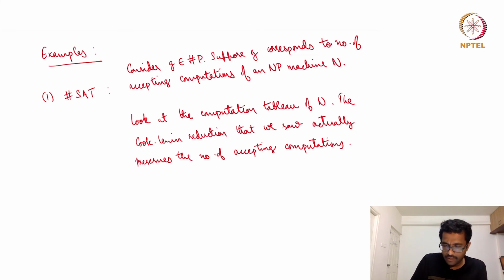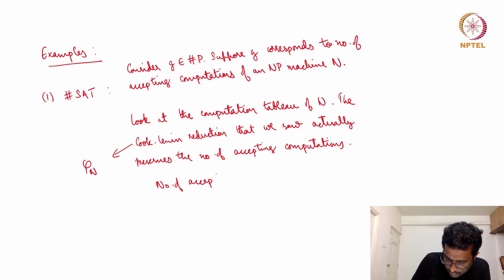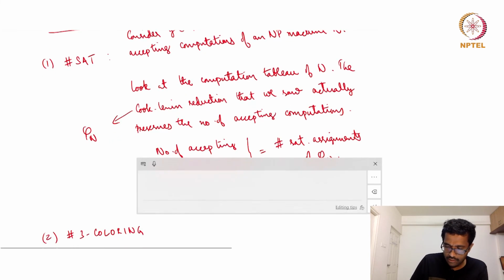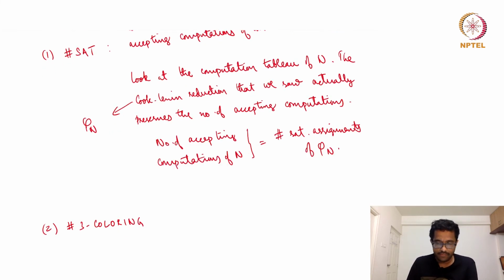So what I am saying is that suppose the Cook-Levin theorem reduction gives us some formula called phi N. Then the number of accepting computations of N is equal to the number of satisfying assignments of phi N. This property where the number is preserved is called parsimonious.